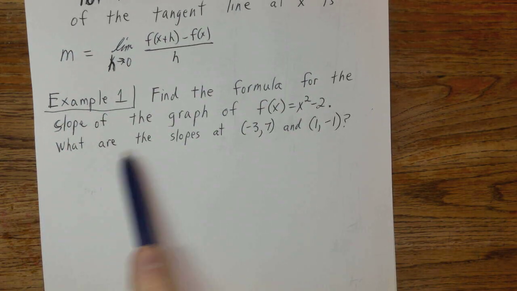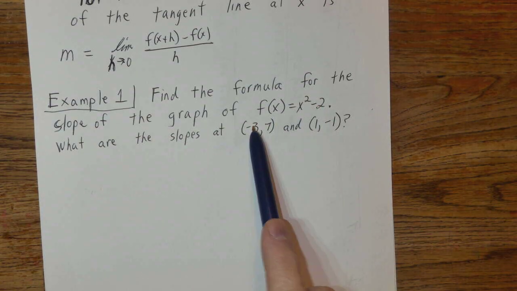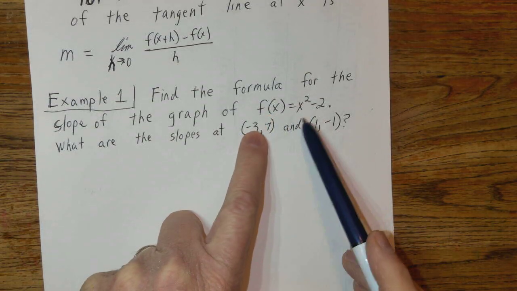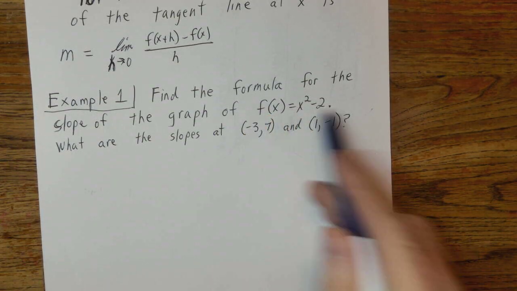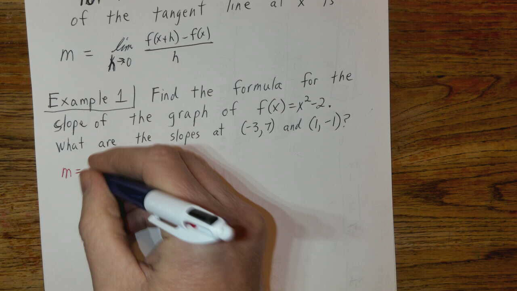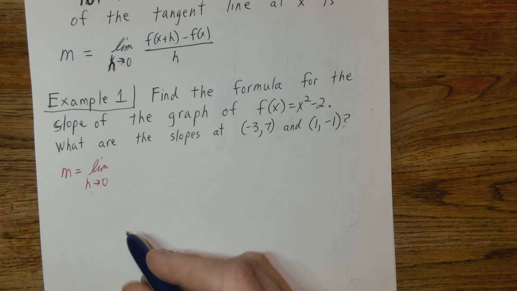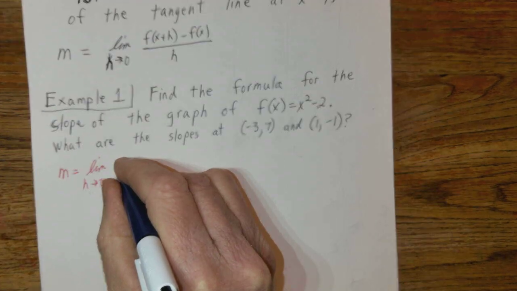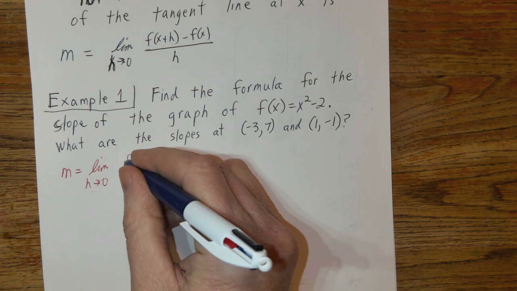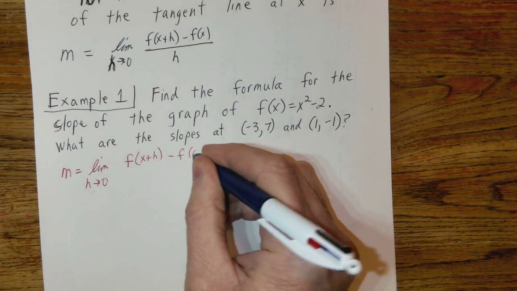Find the formula of the slope of the graph of f of x equals x squared minus 2x. And then I've got 2 points where I want to find the slopes of this function after I find the general form. So the slope will equal the limit as h approaches 0 of, well, I'm going to just write it out first just to get our heads wrapped around this.